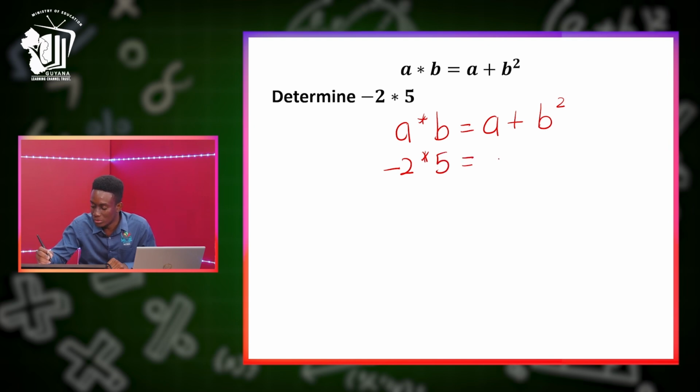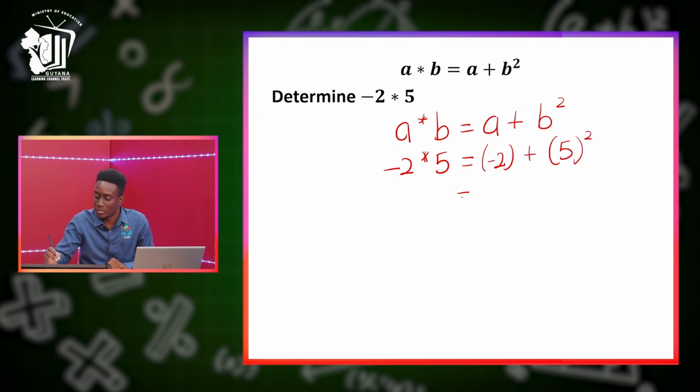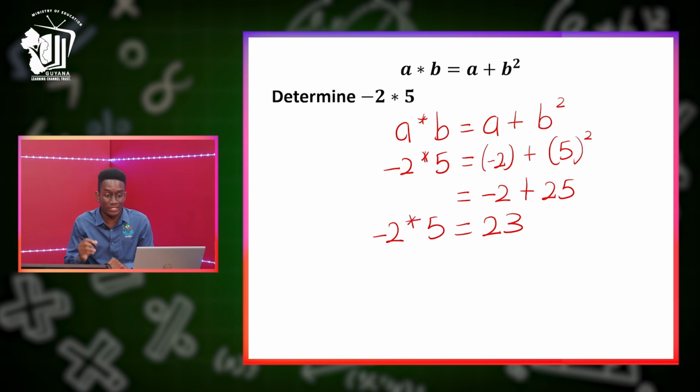So we see A would be equal to negative 2, plus we see B is equal to 5. So this will be 5 squared. So we'll have negative 2 plus 5 times 5 will give us 25. So negative 2 plus 25 will give us a positive 23. So negative 2 asterisk 5 would be equal to 23. So let's carry on with another example.